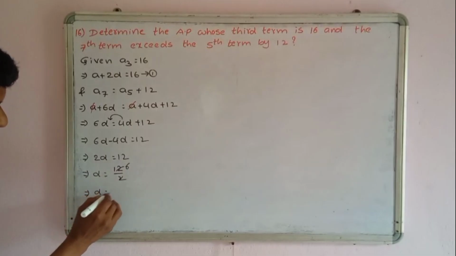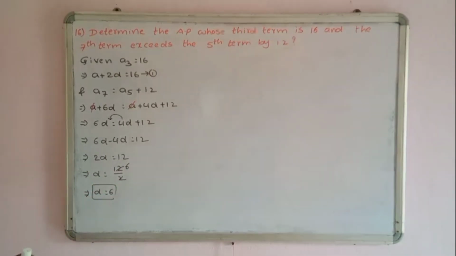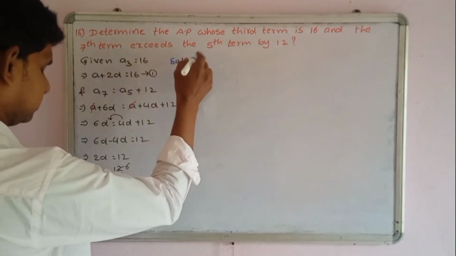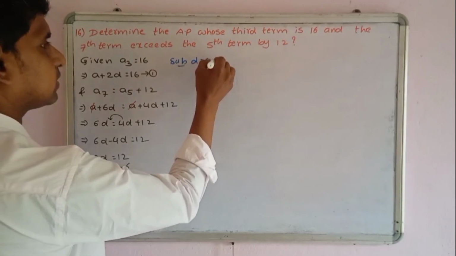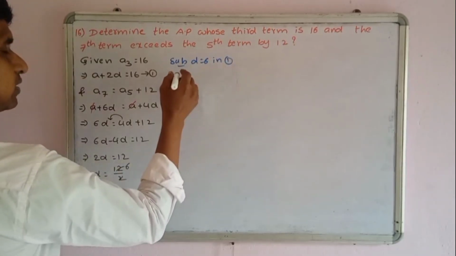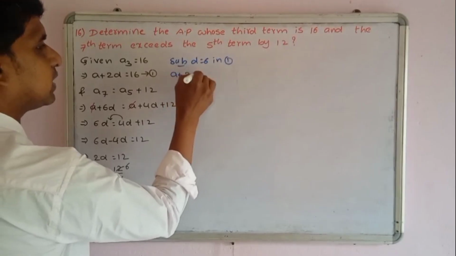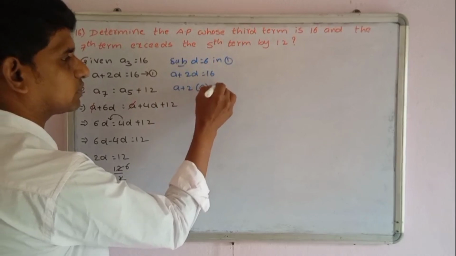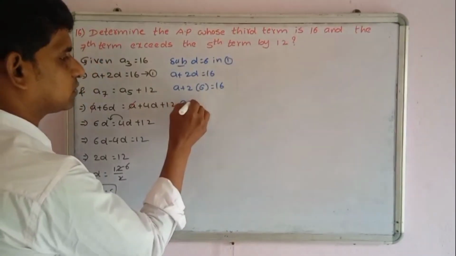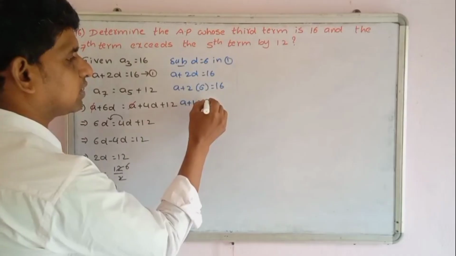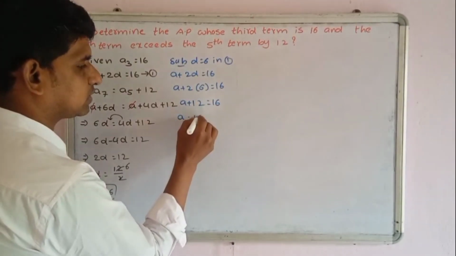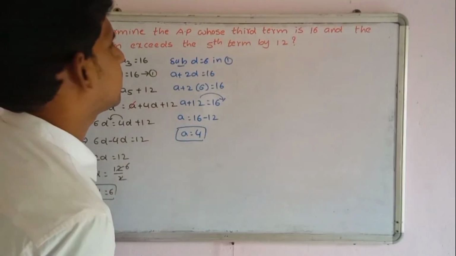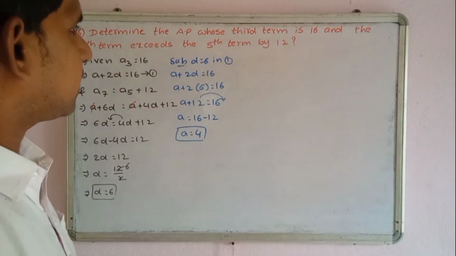So D equals 6. Now substitute D equals 6 in equation 1: A plus 2D equals 16. A plus 2 times 6, which is 12, equals 16. A equals 16, transposing 12 to the right side, minus 12, that equals 4. A equals 4.